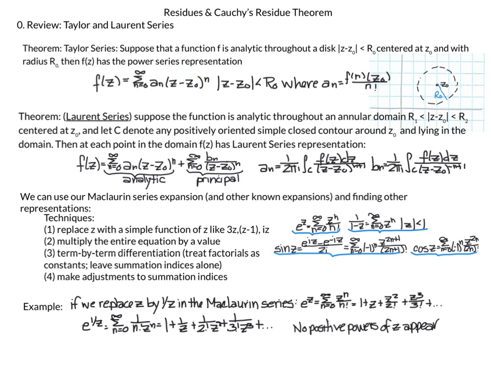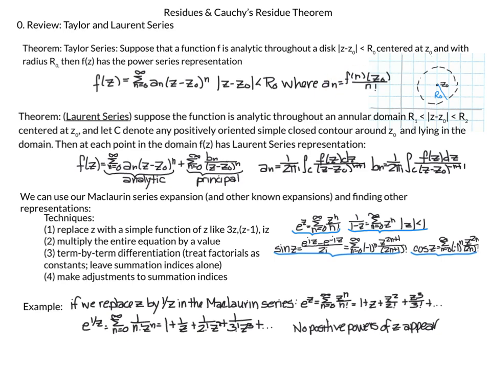That is where our representation is best, actually absolutely accurate. And then as we move away from z naught, our representation becomes a little less accurate. And this representation is good wherever we're analytic, which we determined was in this disk of radius r naught. And we had a formula for our coefficients a sub n based on derivatives.